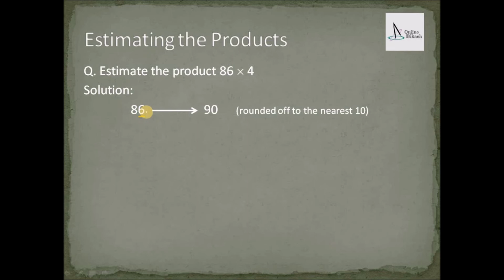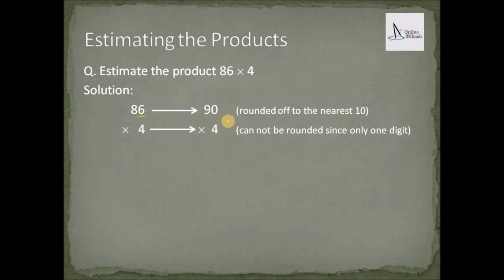In that way it will become 90. And the second number is 4. But 4 cannot be rounded, because it has only one digit. When it has only one digit, you cannot round it. Now you have got this 90 and 4.